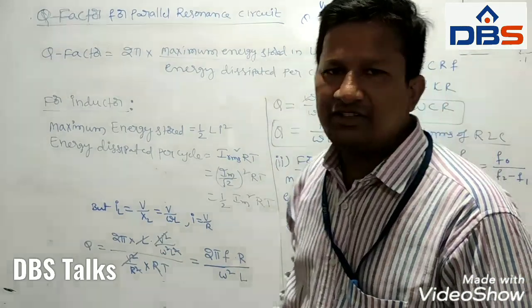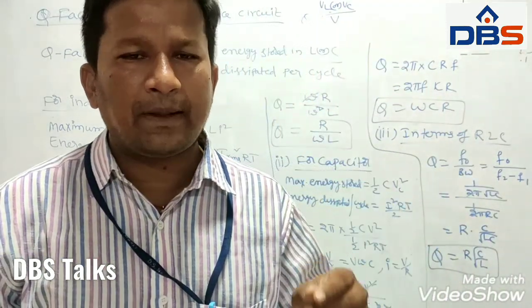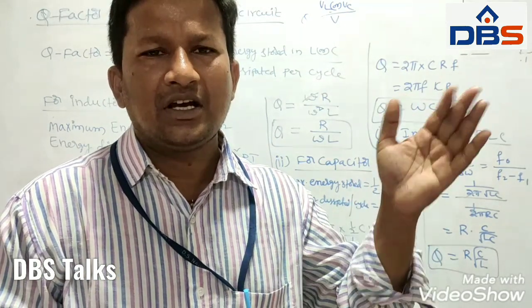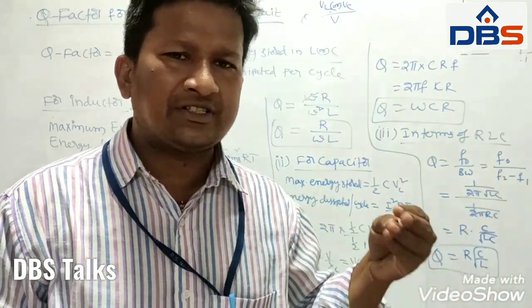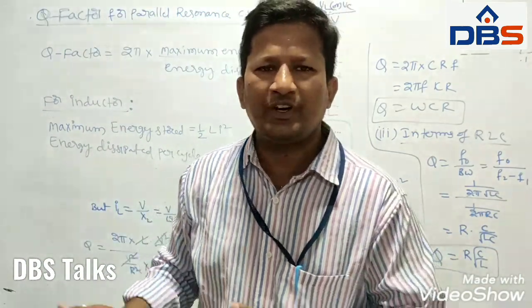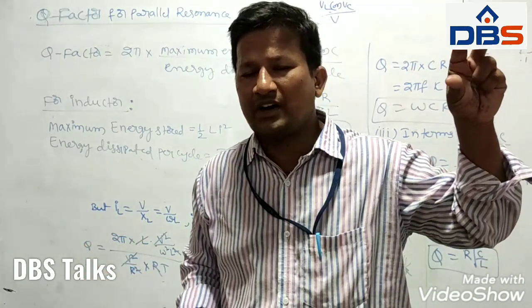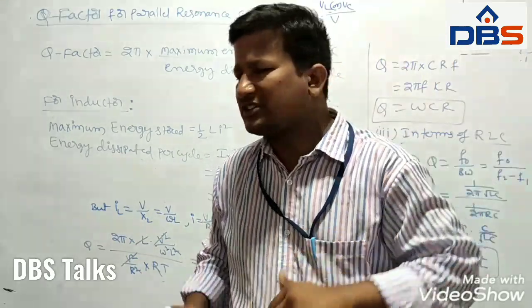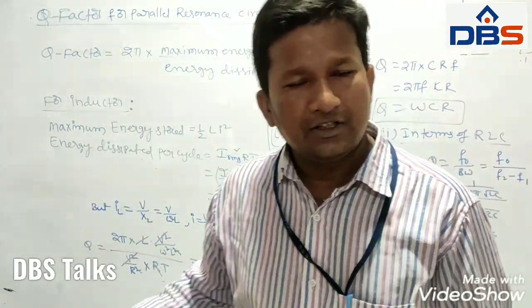Now let us derive the quality factor for parallel resonance for the inductor. In series resonance, for the inductor and for the capacitor in terms of RLC, you have to derive it. Now we go for parallel resonance. The values of quality factor for series resonance are exactly the inverse of the quality factor for parallel resonance.